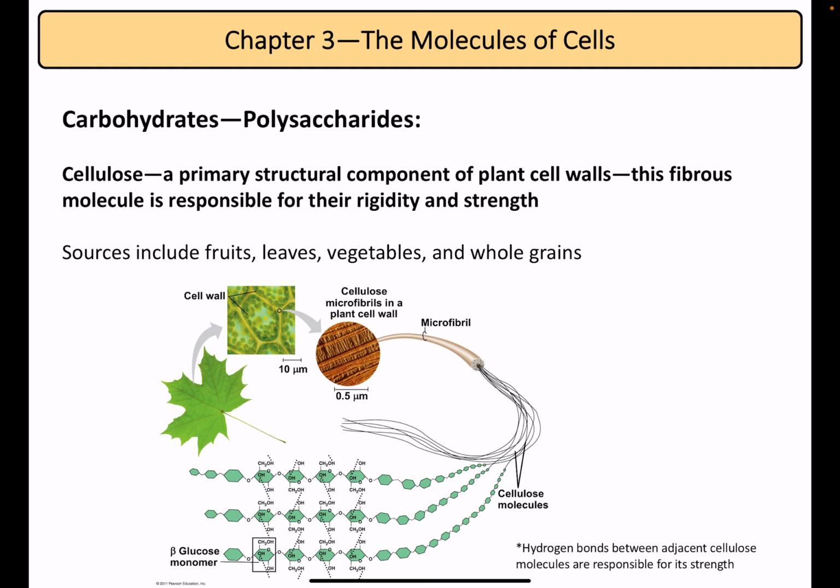Our last polysaccharide is called cellulose, and functionally, it is very different from starch and glycogen, even though it is also just a long chain of glucose. Now, I'm trying to avoid too much organic chemistry, but in order to understand why the structure of cellulose is different from that of starch, think about this.